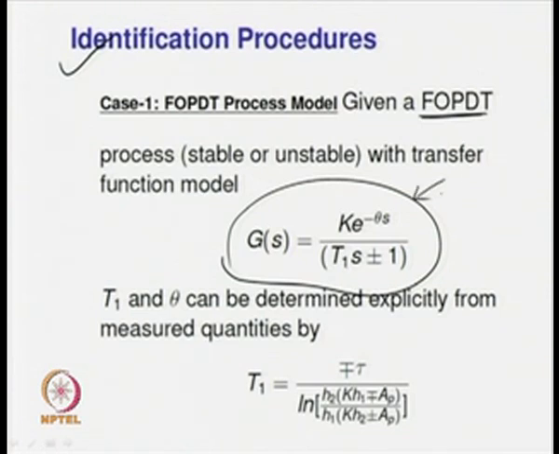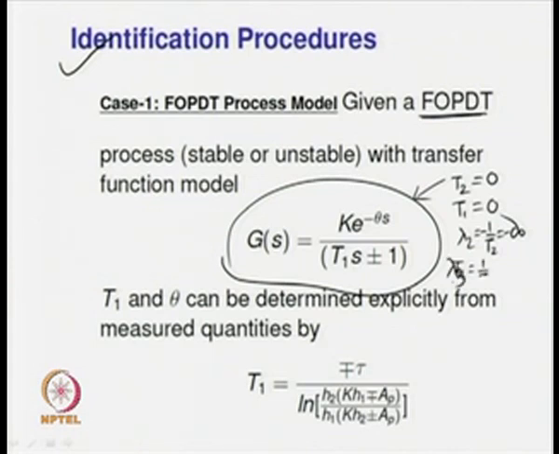That means we have assumed T 2 is equal to 0. T 2 equal to 0 means lambda 2 is equal to minus 1 upon T 2, which is minus infinity.